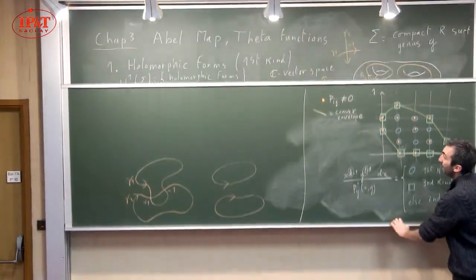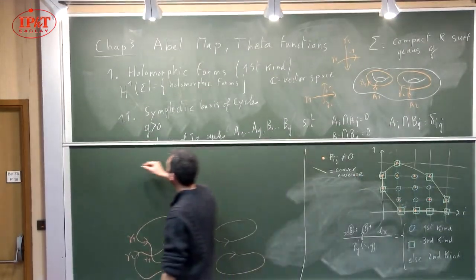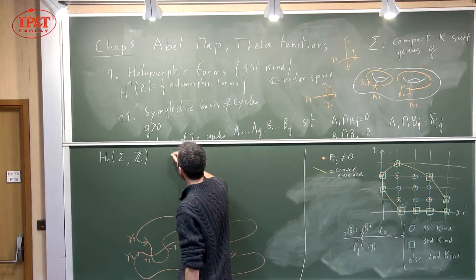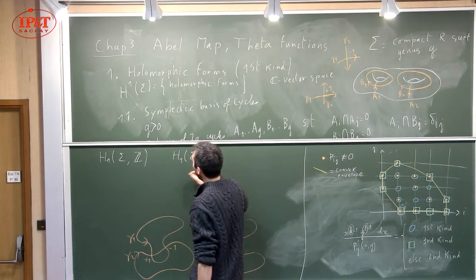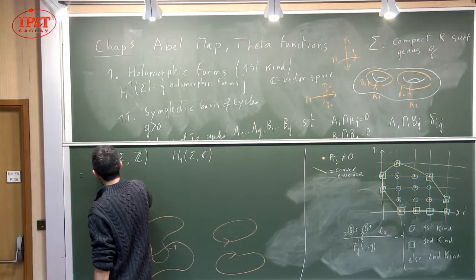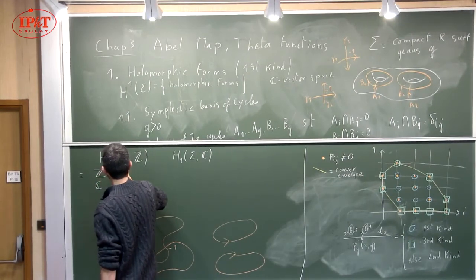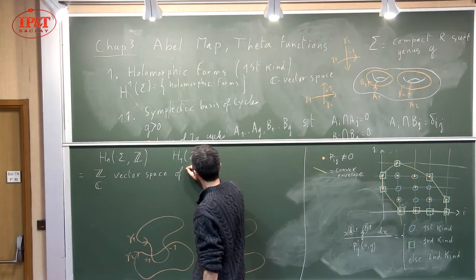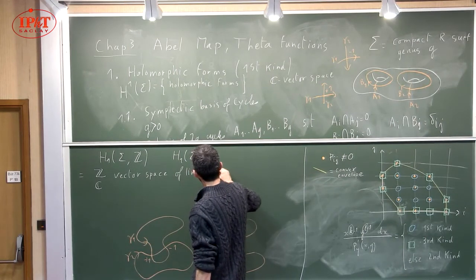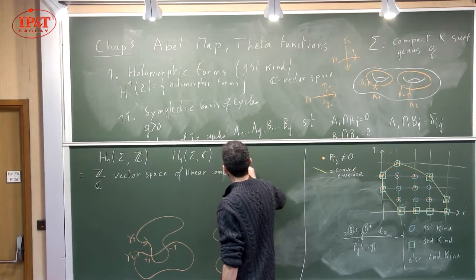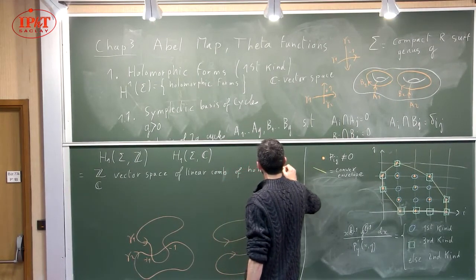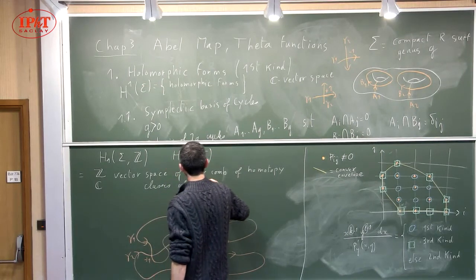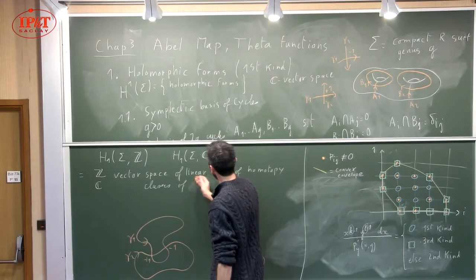We usually call that H1 of sigma. And in fact, either H1 of sigma Z or H1 of sigma C is the Z or C vector space of linear combinations of homotopy classes of cycles, of closed Jordan maps.